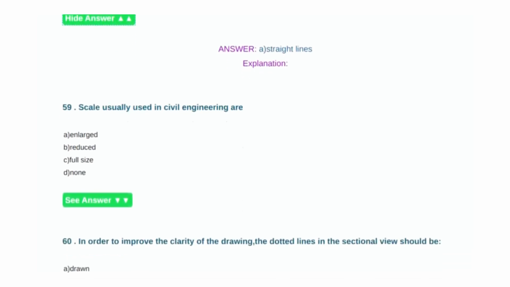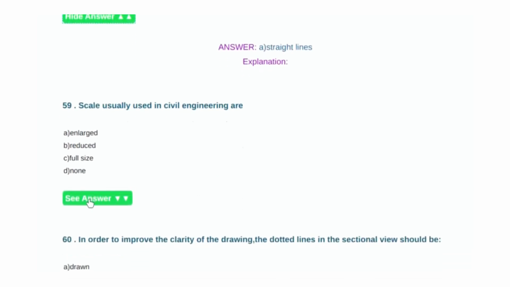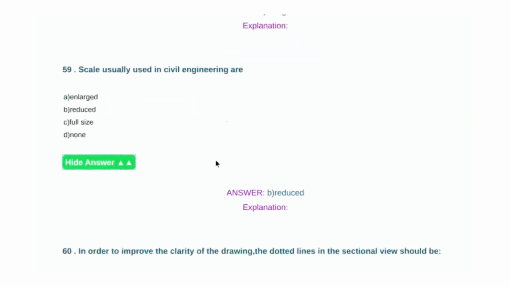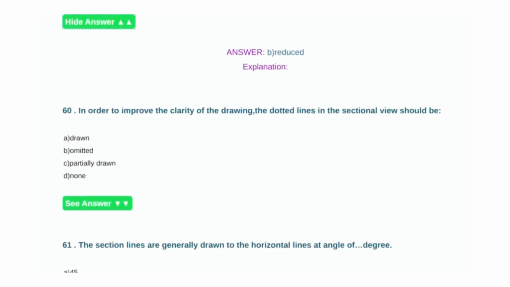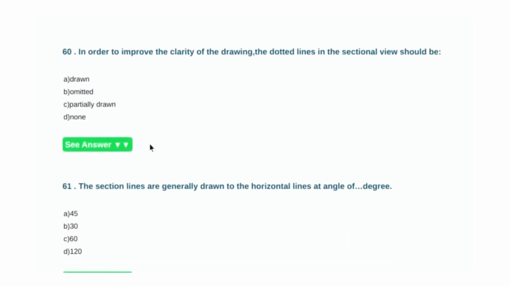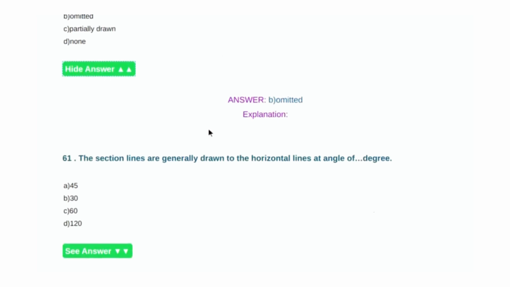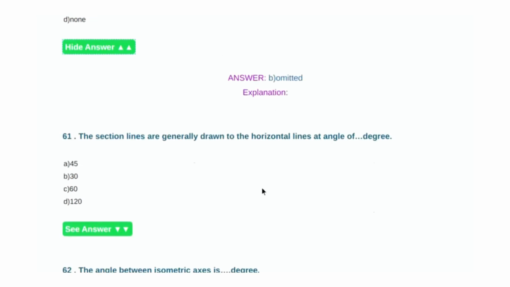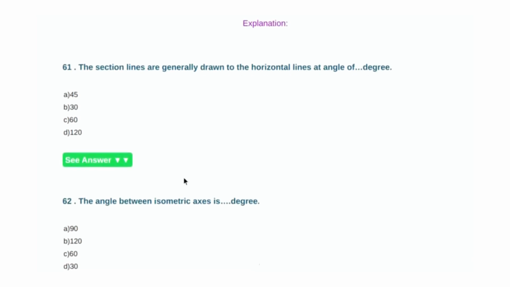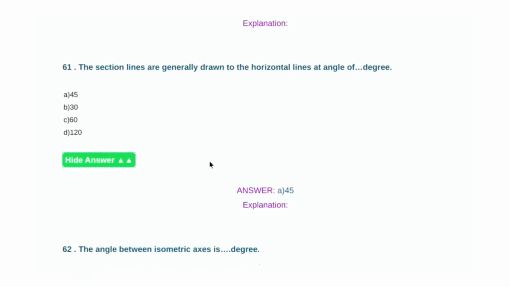Scales usually used in civil engineering are reduced. In order to improve the clarity of a drawing, the dotted lines in the section view should be omitted. The section lines are generally drawn to the horizontal line at an angle of 45 degrees.